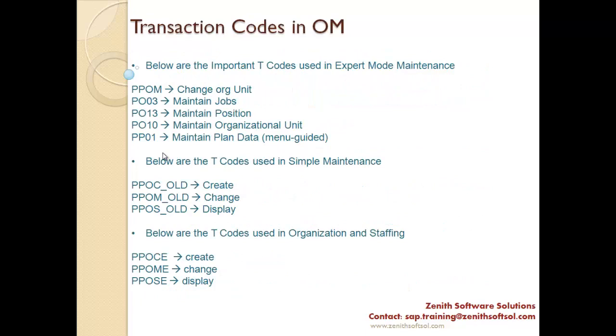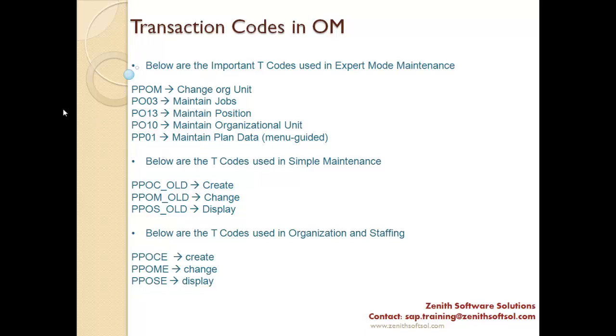Now let's see what the different transaction codes in OM are. If you recall the personal administration module, there were some important transaction codes like PA30 to maintain HR master data, PA40 to create personnel action. Similarly, here there are some transaction codes in OM.